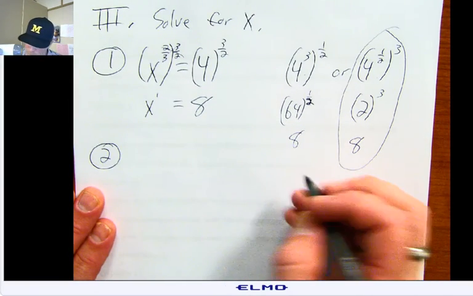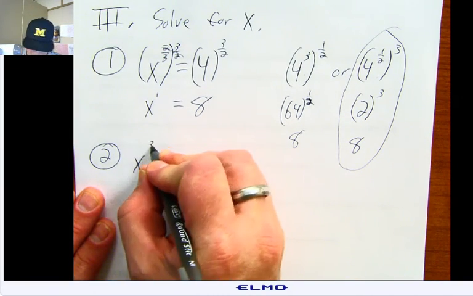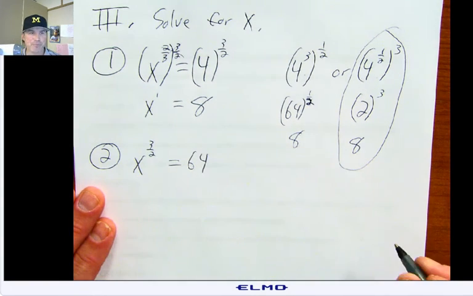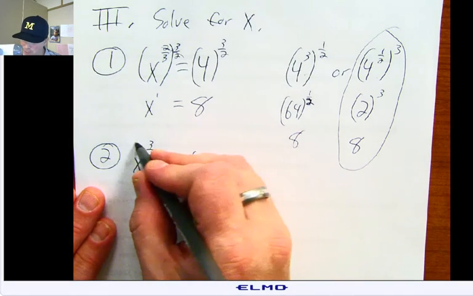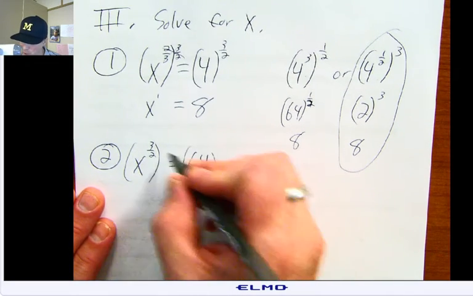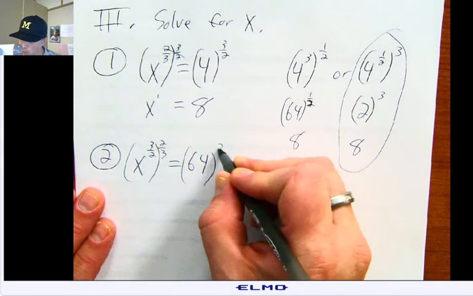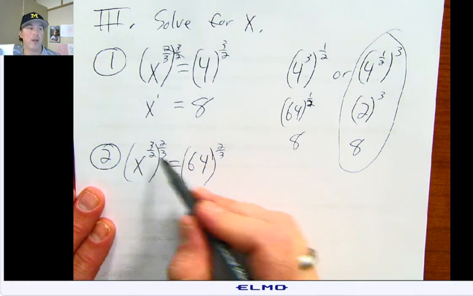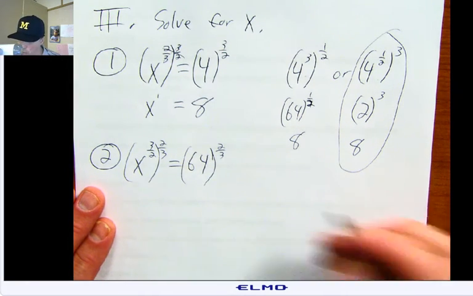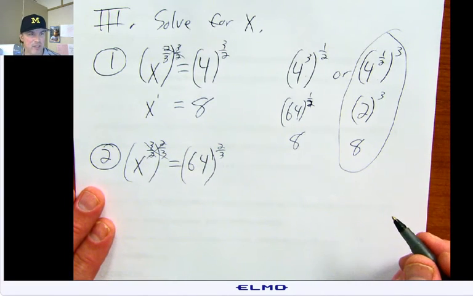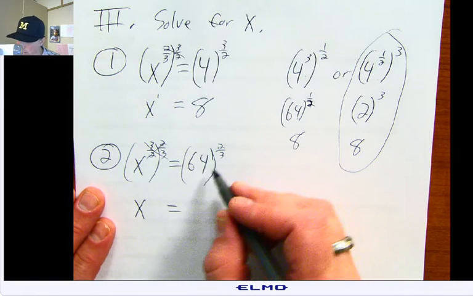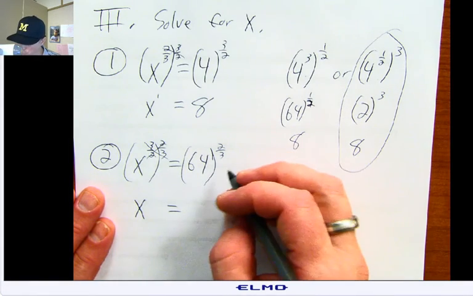Example number 2. Let's say I had x to the 3/2 equals 64. Same idea. The reciprocal of 3/2 is 2/3, so we're going to raise both sides of this equation to the power of 2/3. On this side, the 2's and the 3's cancel out, and I'm left with x. On the other side, I'm going to do the root first.